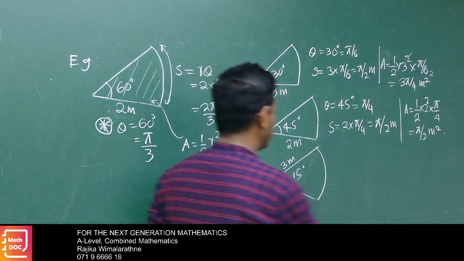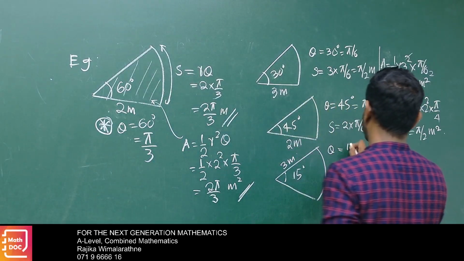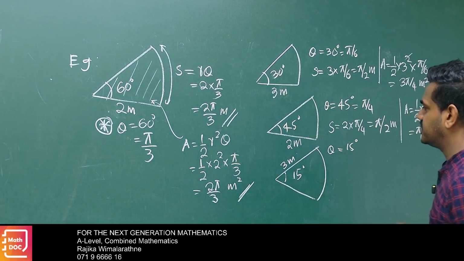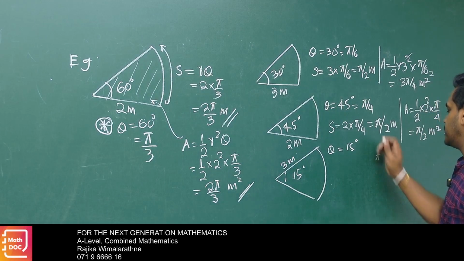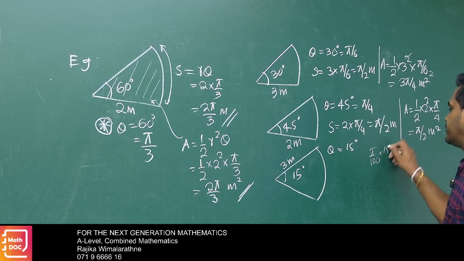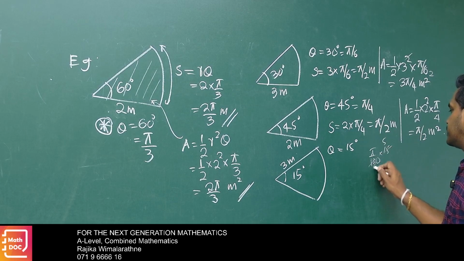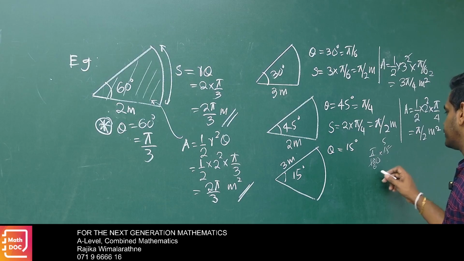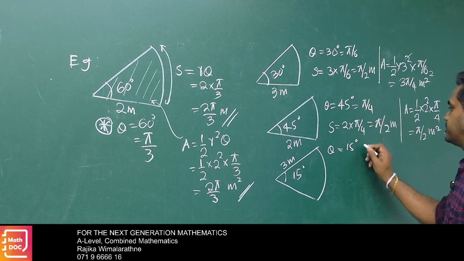Then last one, 15 degrees, so here pi over 180 times 15, no? Divisible by 3, 5, 60, pi over 12.